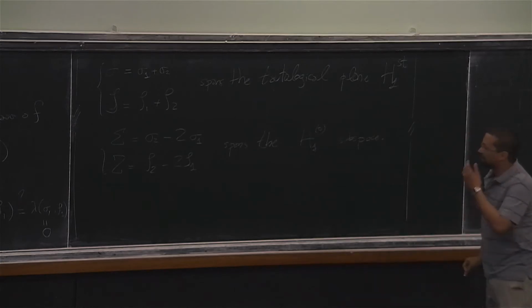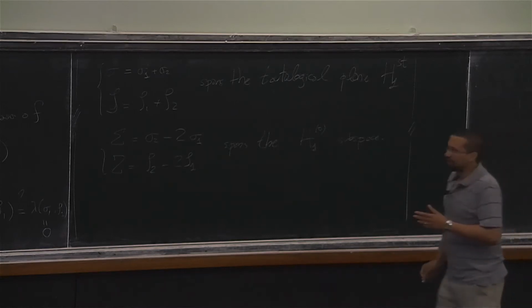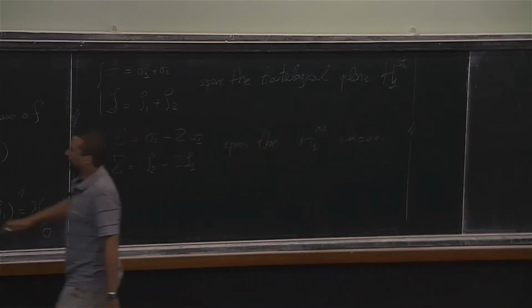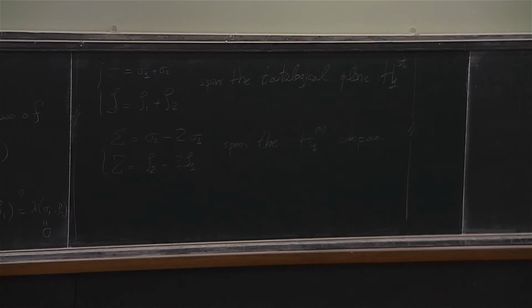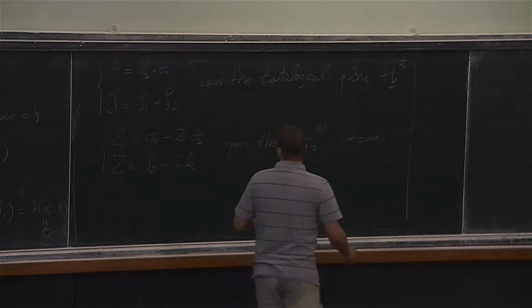Okay, so this is my new basis, and why I'm putting this basis is going to be clear in a moment. So for now, let's just do the exercise of computing t squared acting on these cycles, and then we're going to change basis. So for now we have two bases.